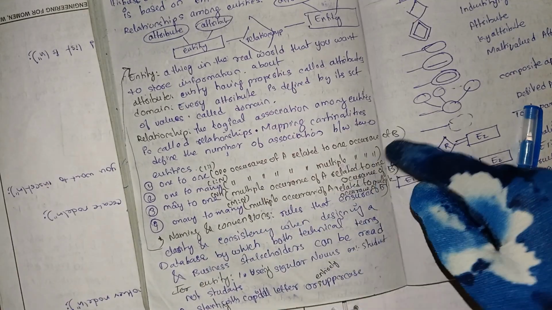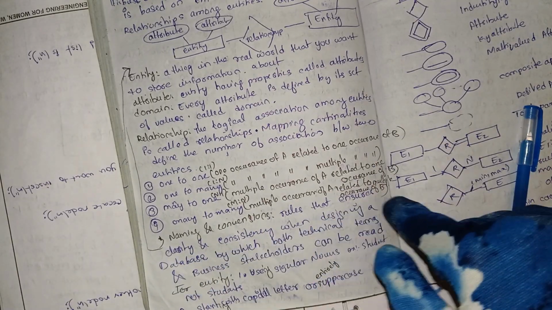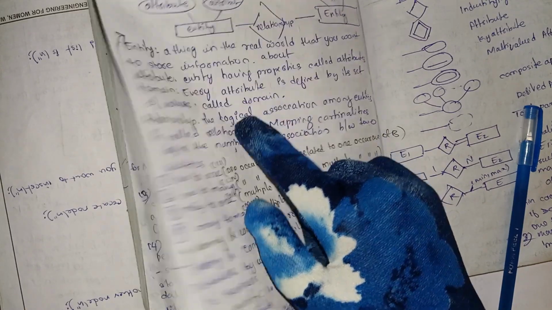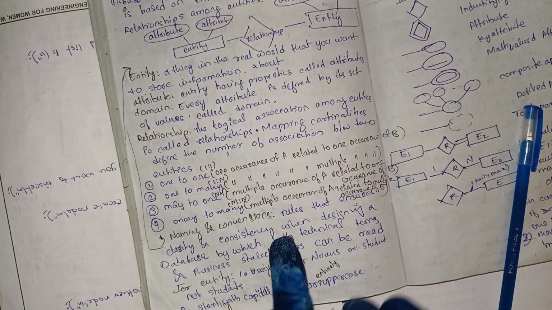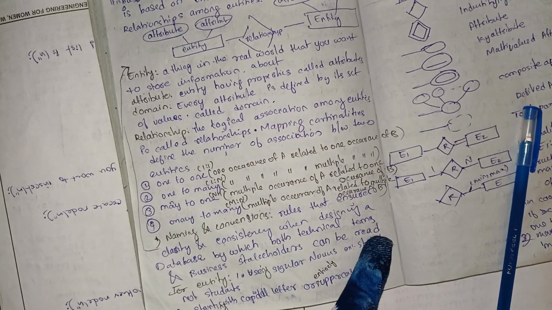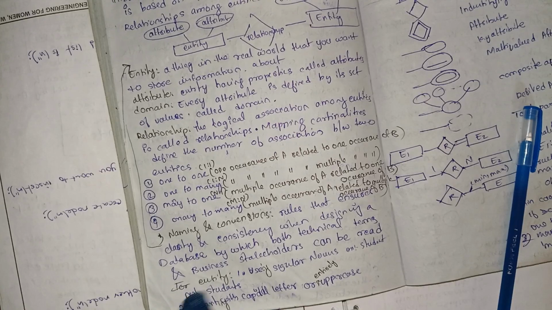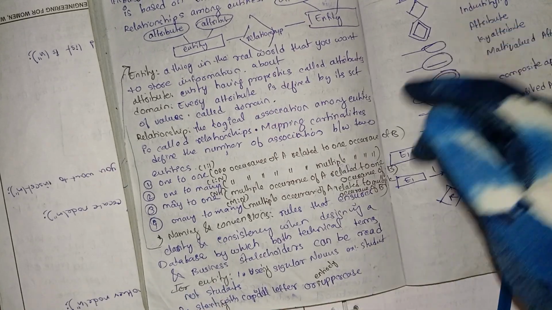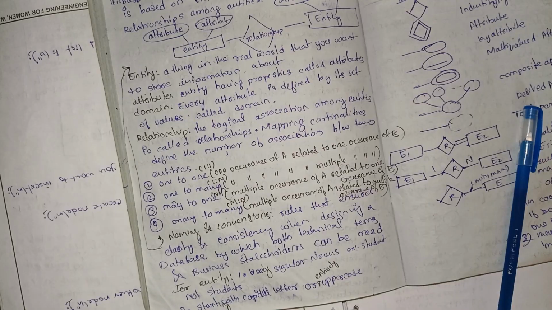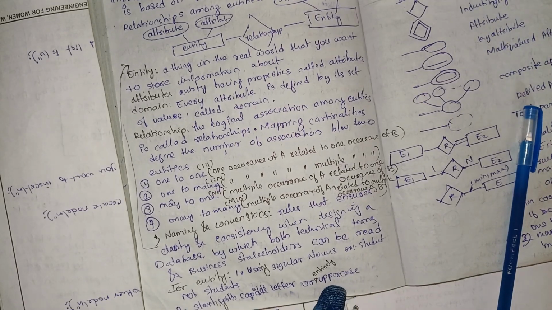these are the rules that ensure clarity and consistency when designing a database through the entity relationship model, okay, so that both the technical team and business stakeholders can read it easily. For entities, the rules are using singular nouns, for example student, not students, and starting with a capital letter or entirely uppercase.